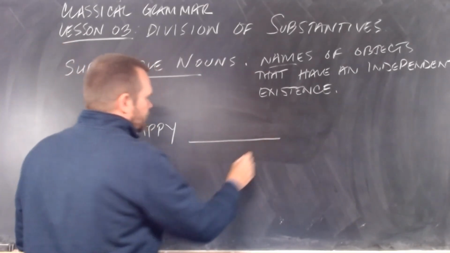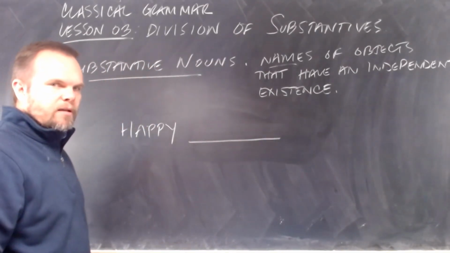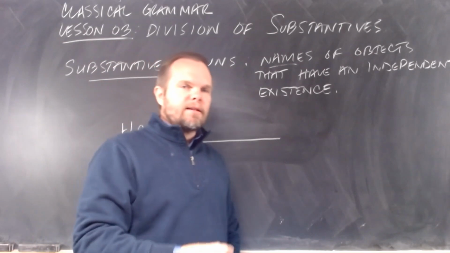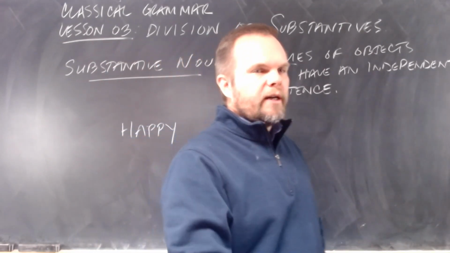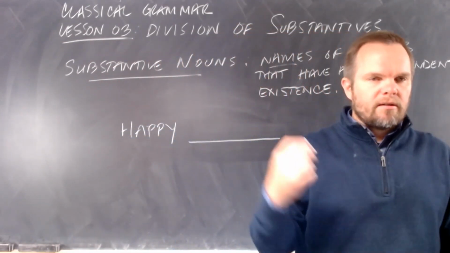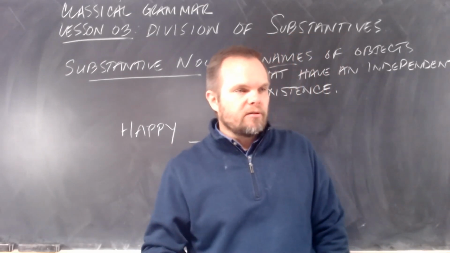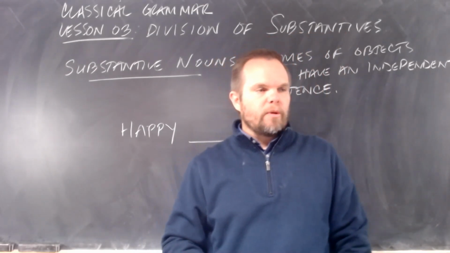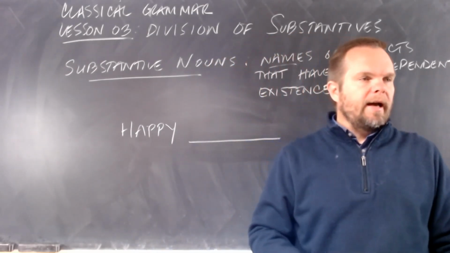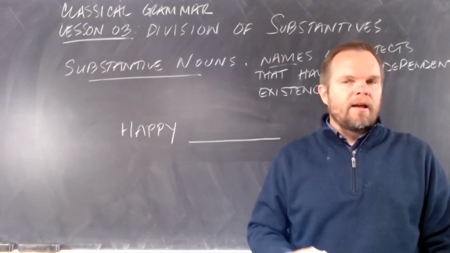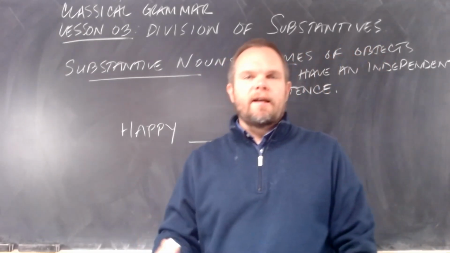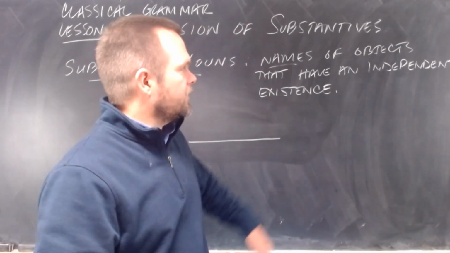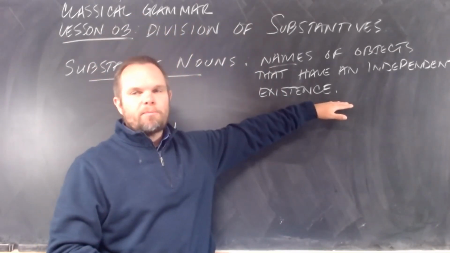There has to be another idea joined to happy to allow us to make sense, to express an idea. We can't just say happy. Happy is not a substantive noun. Happy cannot stand by itself in speech, and that's what it means to have an independent existence.